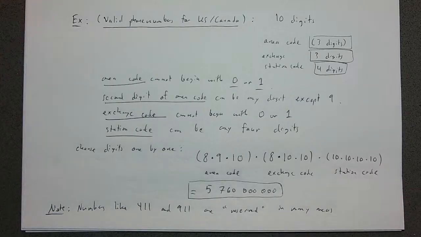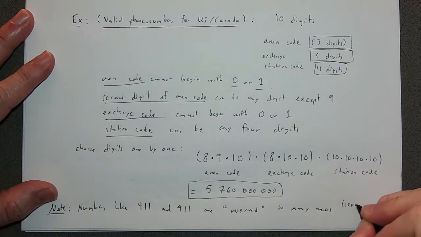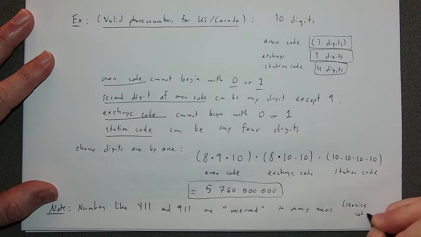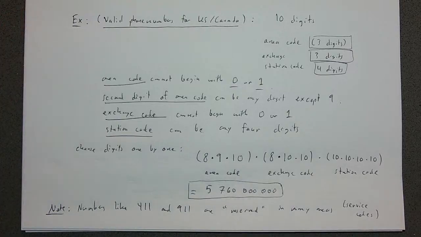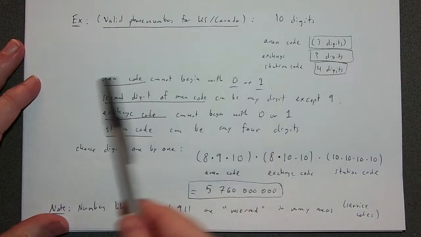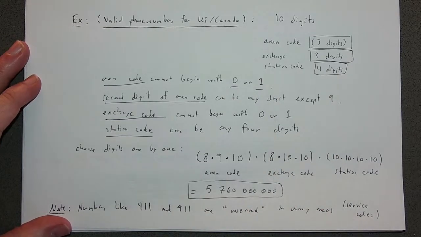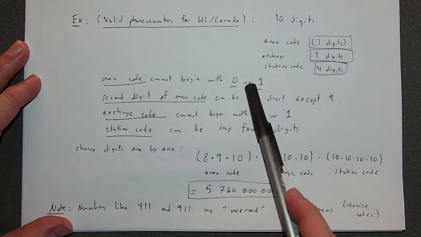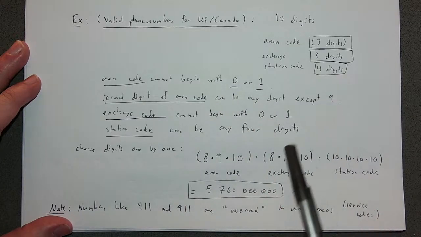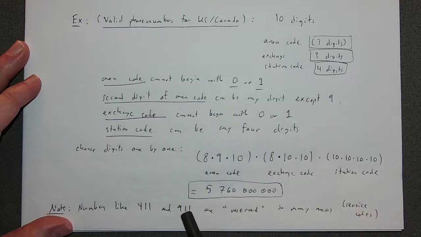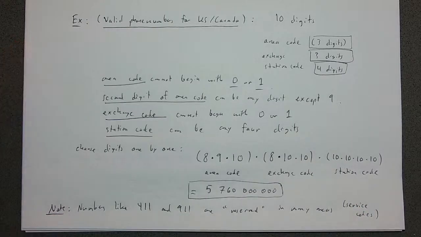These are your service codes. But notice that the way we constructed these numbers, we could have constructed these because they didn't fail the rules we set out. For 911, does it begin with a 0 or 1? It can be any digit. The second digit can be any digit except 9, but that's not the second digit. That 9 is the first digit. Same thing here, 411 would satisfy all these things.